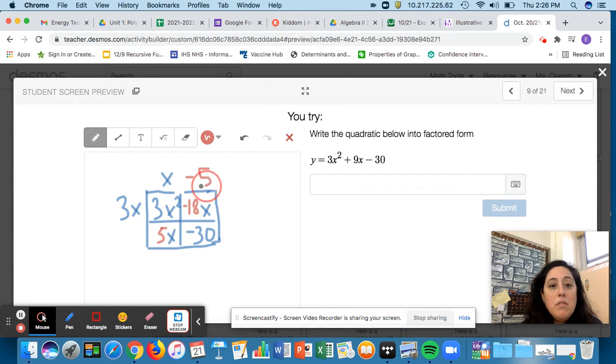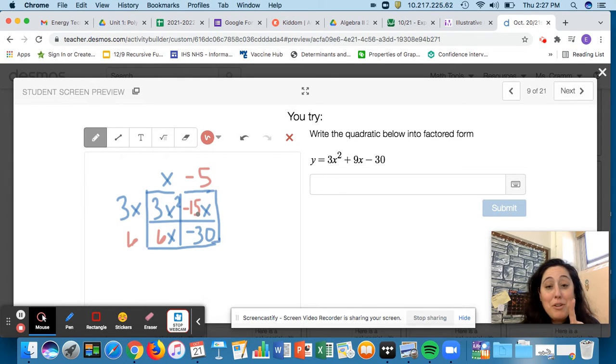Okay, so let's see, -5 and a +6. Okay, so 3 times -5 is -15. And 6 times x is 6x. All right, so 6x minus 15x. Oh, this gives me a -9x.